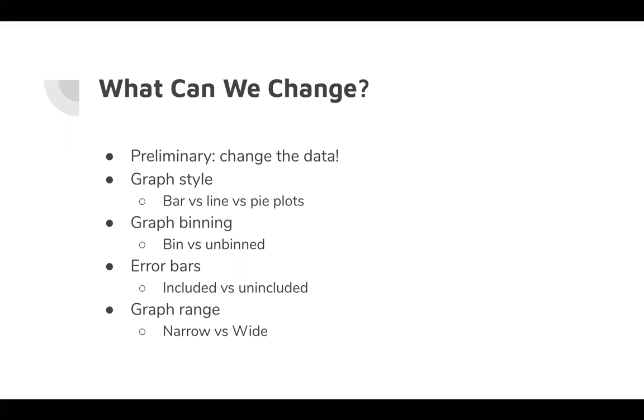And including that can definitely help people understand that either it is actually a very good fit and you have very little error or uncertainty, or you have a lot and that's fair enough, but I think it's always good for people viewing the graph to be aware of that. And finally, we can also change the graph range, right?